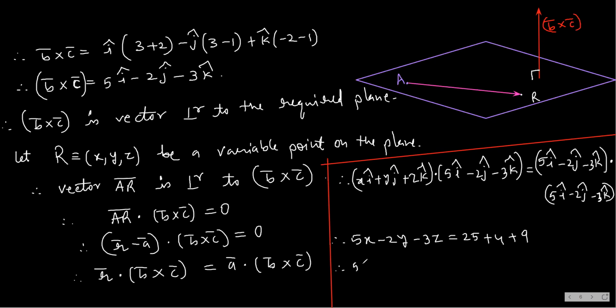So you will have 5x minus 2y minus 3z equals 25 plus 13, which is 38. This is the required equation in Cartesian form.